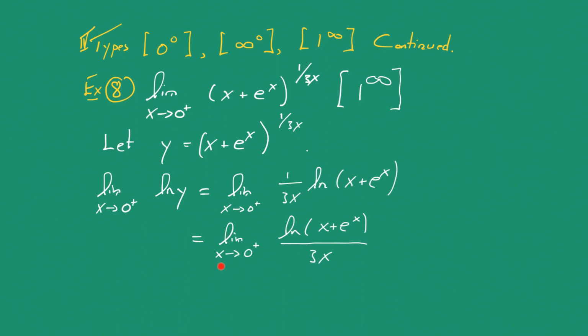Okay, well, x gets close to 0 from the right. Log of x plus e to the x tends to log of 0 plus e to the 0. That is the log of 1. And the log of 1, you'll remember, is 0. So the numerator here is tending to 0. And the denominator, as x tends to 0 from the right, tends to 3 times 0, which is 0 as well.